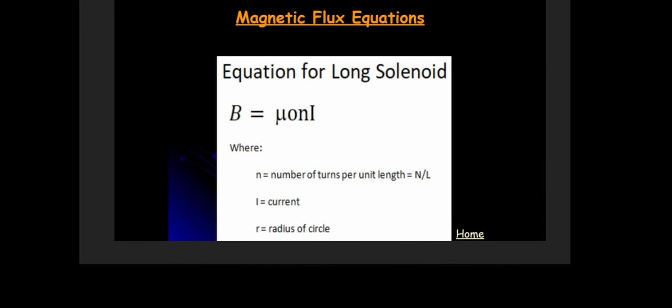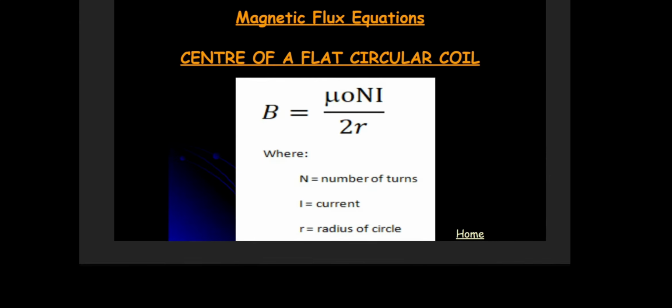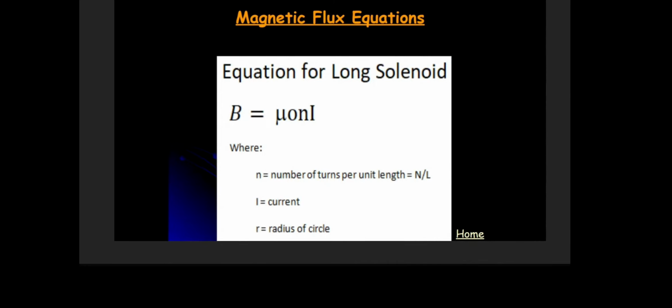You're going to experience some questions that ask you to find the number of turns per length, or the number of turns. Depending on the structure of the question, it tells you which equation you should use. Any questions before I move on? All right, please remember these equations because we're going to use them in the tutorial session with some questions.